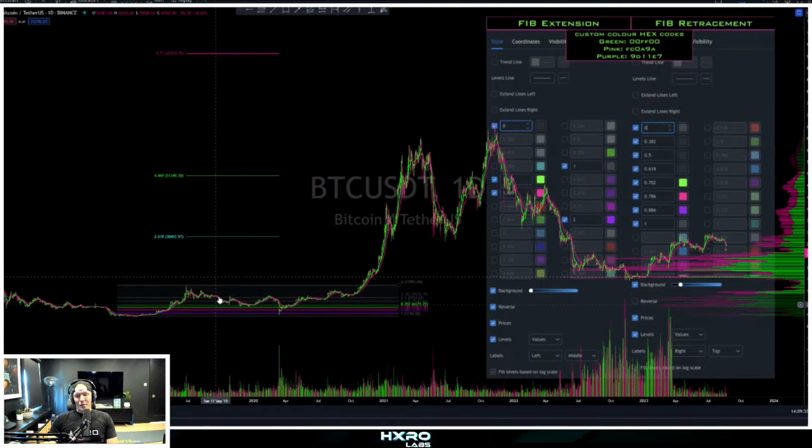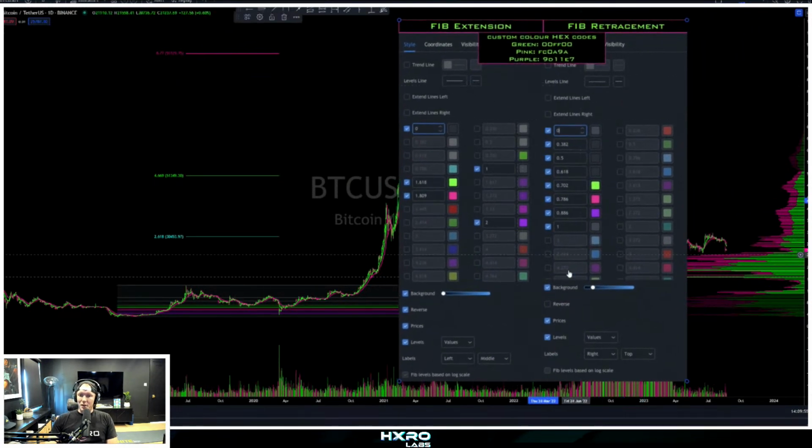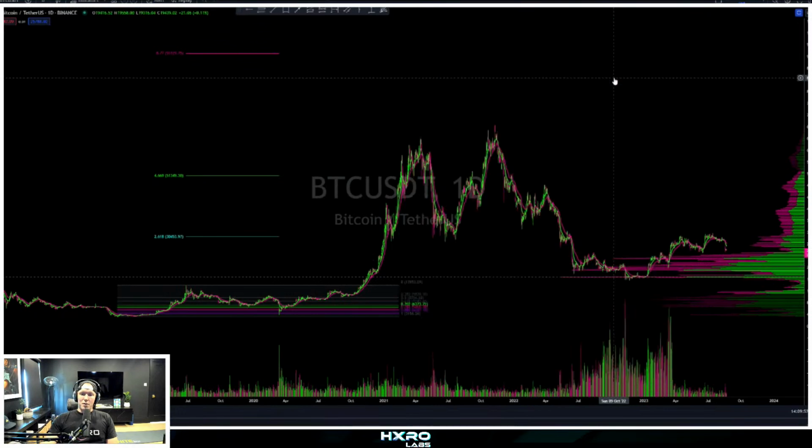Now, typically when I first discovered this and started using it over at TRI, I just used 0.4669 and 0.877. But more and more recently, I go back and watch the shows they're doing now, and they've also got this 2.618. I've never actually traded off that myself, but it's on my template now purely for, I guess, studying purposes. So I can kind of watch and see how price reacts with it, but I don't really use it too much.